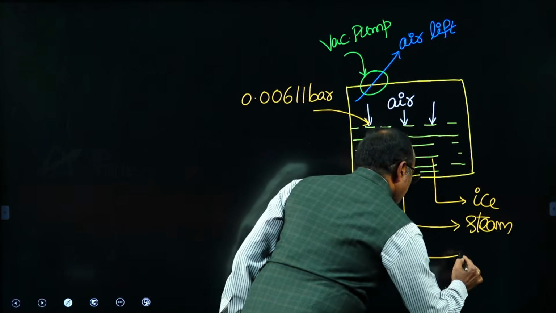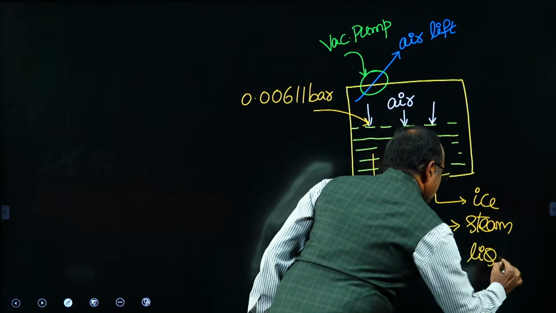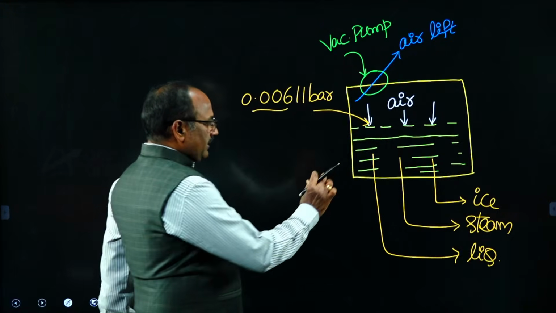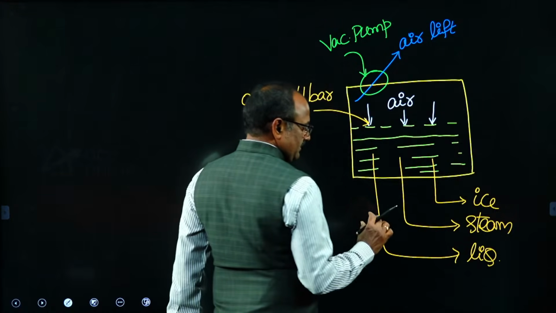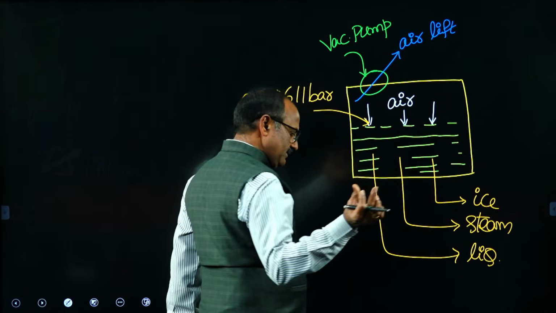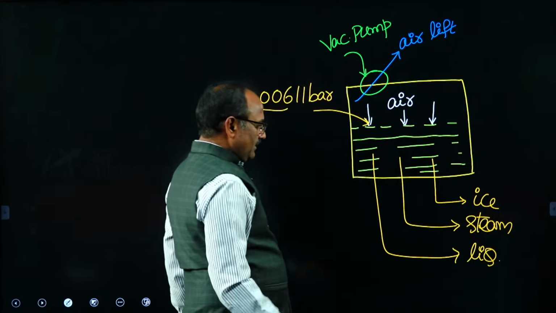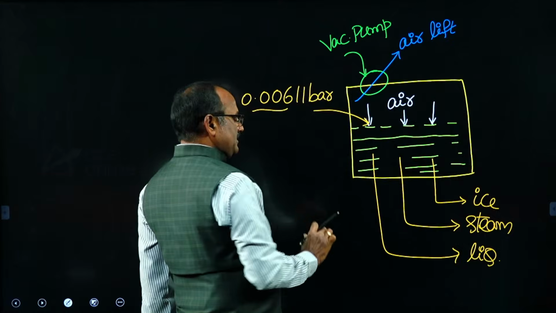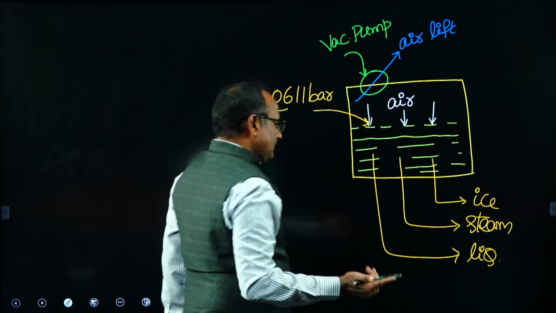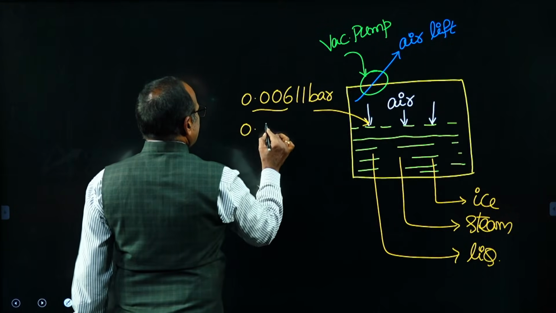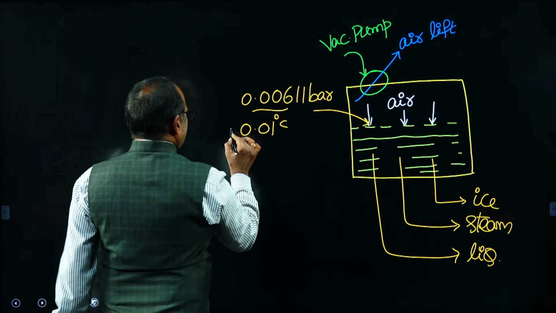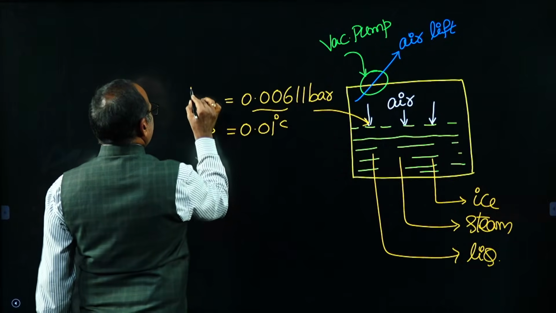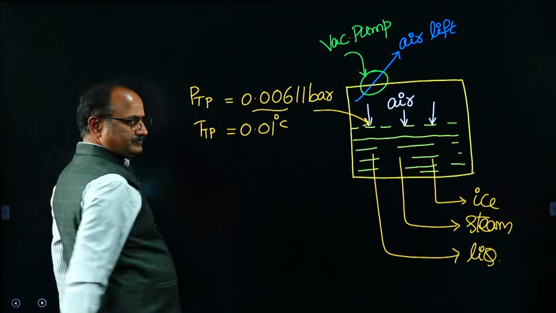The remaining part of the water is available in liquid state. So at this pressure, water can be available as ice, steam and liquid water. Though the solid, vapor and liquid states are existing at this particular pressure, these three maintain the same temperature, that is 0.01 degrees centigrade.